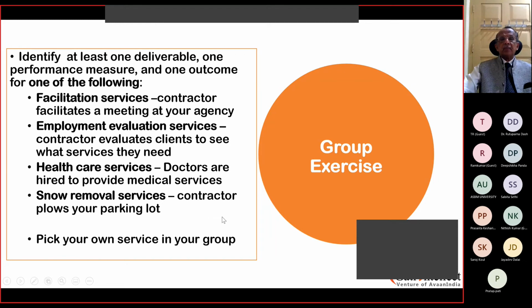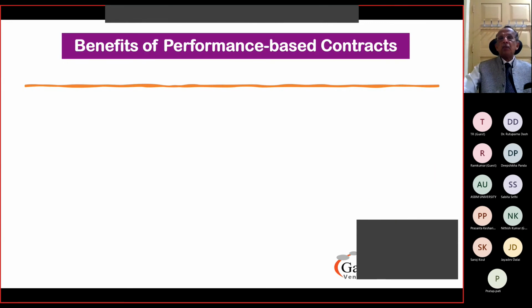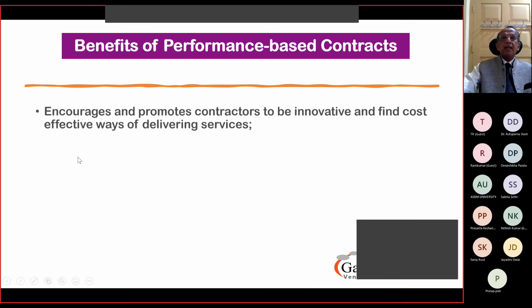I hope it's clear now, since you people are not answering it. What are the benefits of performance-based contracts? They encourage and promote contractors to be innovative and find cost-effective ways of delivering services. As far as contractors are concerned, they have to be extra cautious about the cost, because it's all performance related.